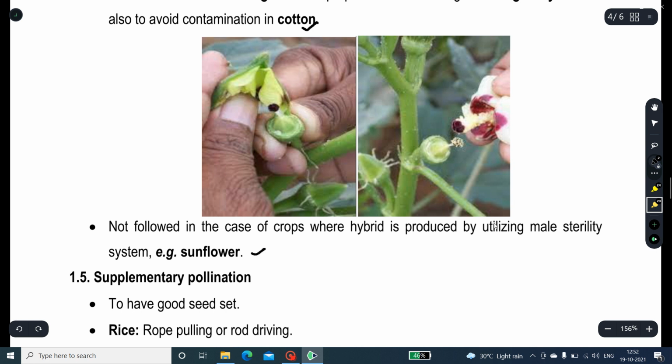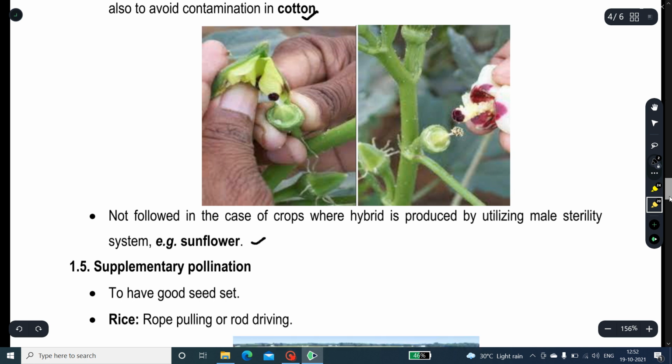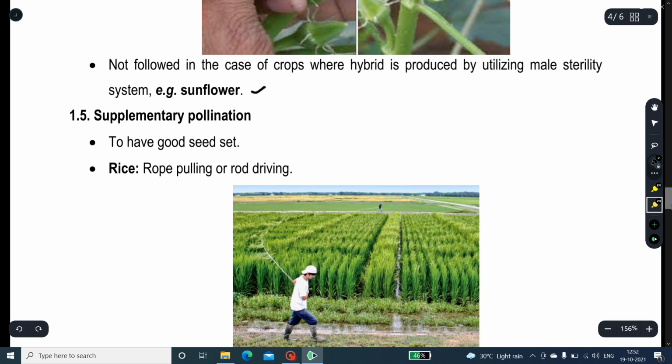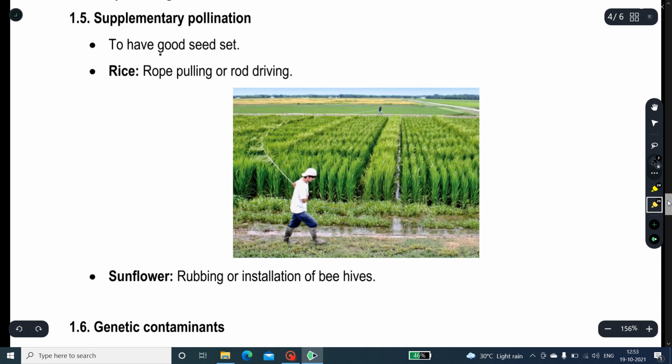And the next important factor is supplementary pollination. It is improving the pollination behavior to have a good seed set. In case of rice, rope pulling or rod driving is practiced. Let us see clearly in rice hybrid seed production.